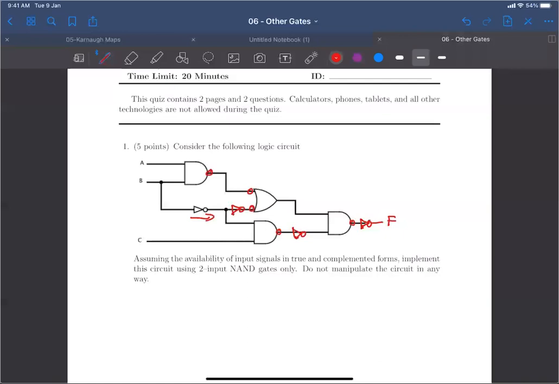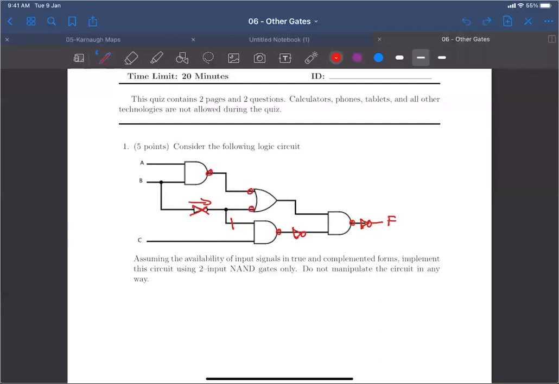Actually, no. If I push this ahead and this one is not there, then I have here a bubble, which is not an inverter. It's part of the NAND. And this one has to be inverted. So the previous option was 2 inverters, whereas this one results in 1 inverter. So this is a better option. You see that?